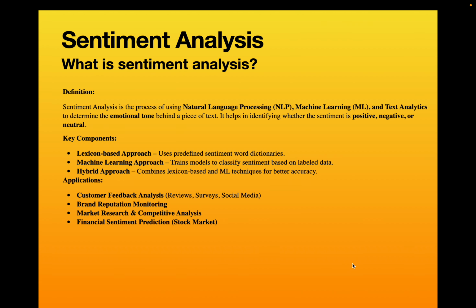Another approach, which is quite dynamic, is the machine learning approach. Machine learning is about training the model to classify the underlying tone behind the sentiment. The machine can easily identify whether the tone is positive, negative, or neutral.